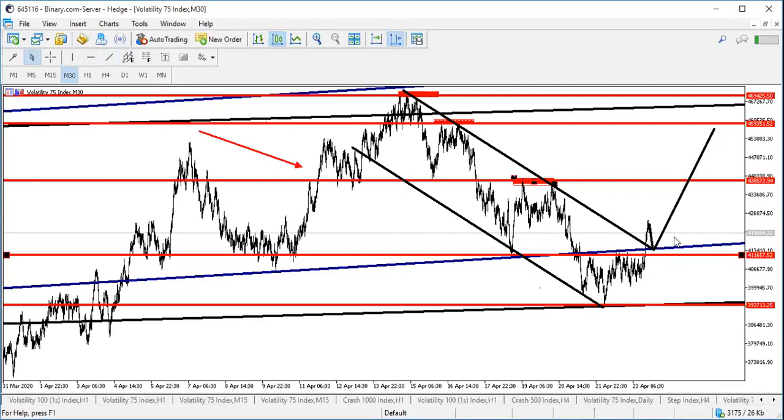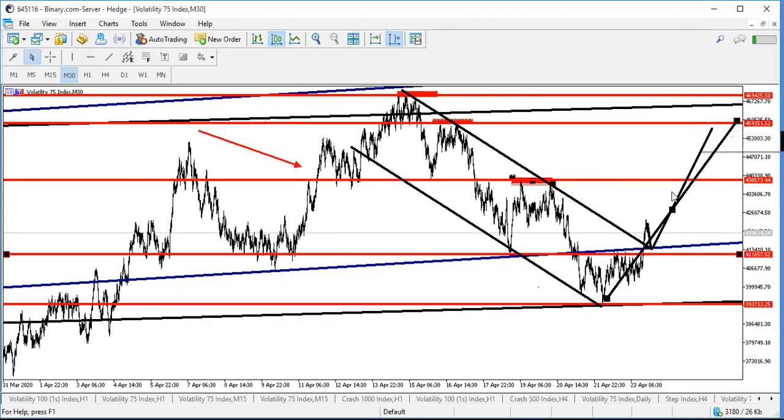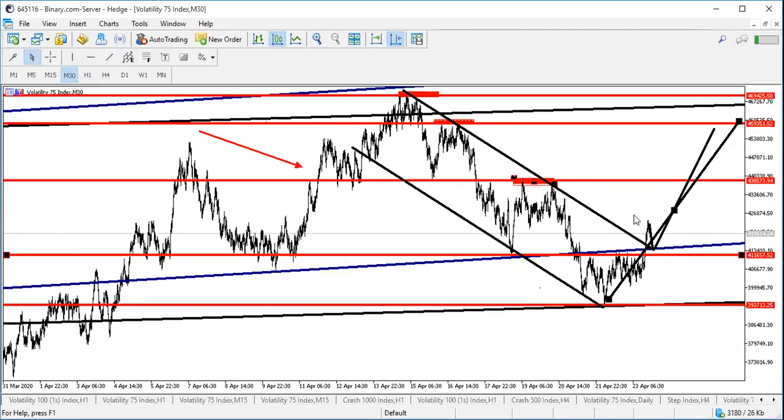Our entry is supposed to be on this retest, and our TP is supposed to be the size of the flag. This one is the size of the flag, so I'm anticipating my TP to be the size of the flag around here. That's where I'll be anticipating my TP.